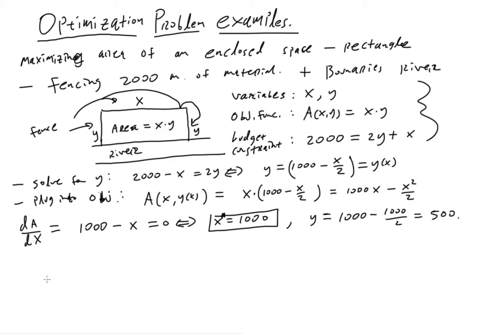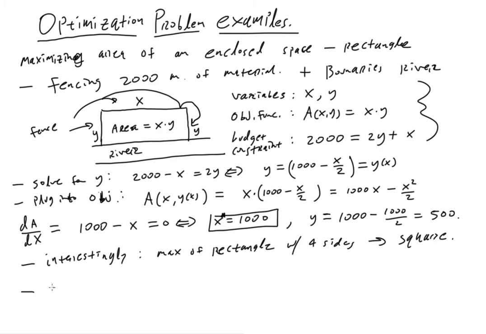Okay. So what's interesting about this, interestingly, is that when we maximize the area of a rectangle with 4 sides, like we did in the previous video, we got a square.